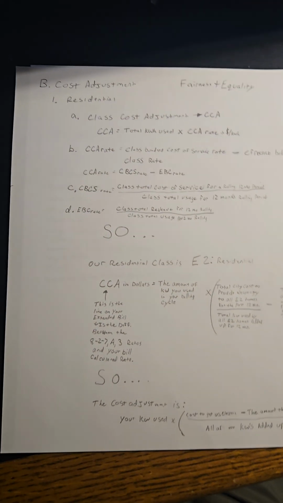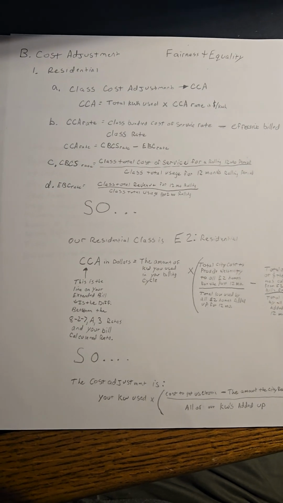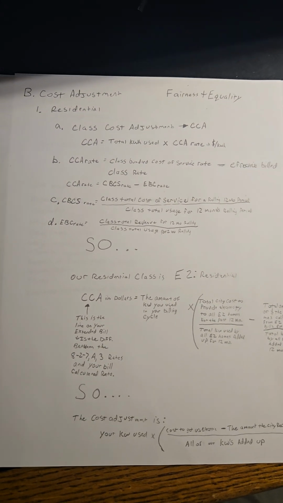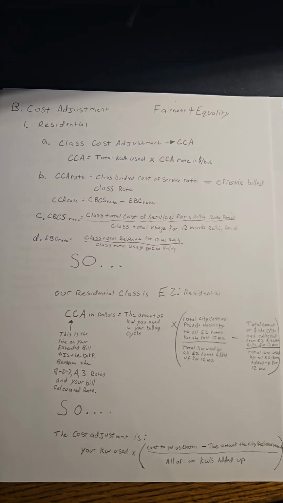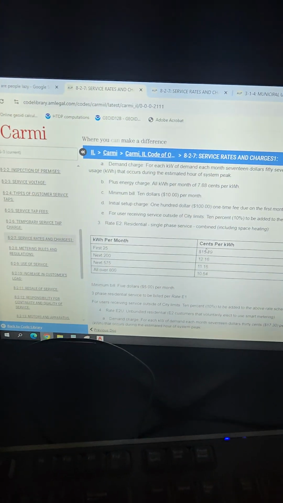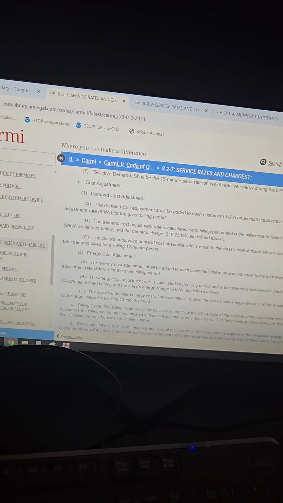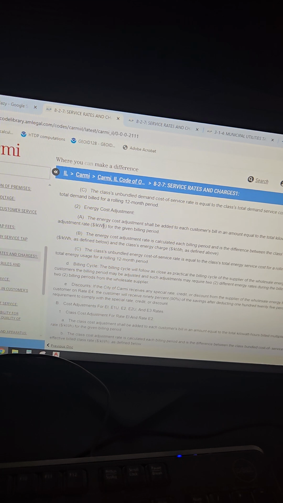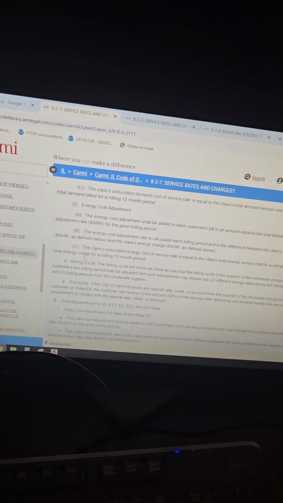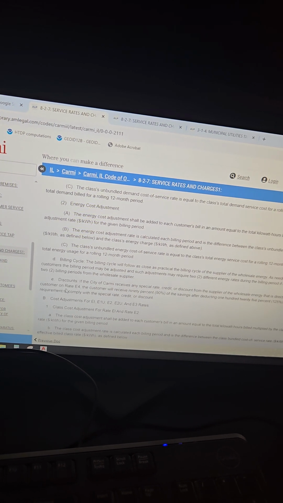The issue is the cost adjustment. That's the part that confuses everybody. The cost adjustment isn't very difficult. On the website, if you scroll down to energy cost adjustment, it describes exactly how the cost adjustment is created.